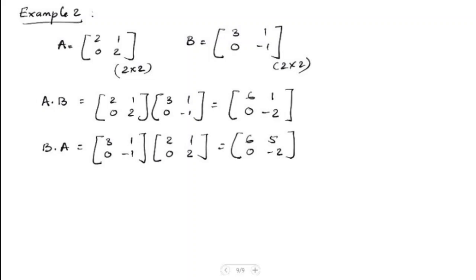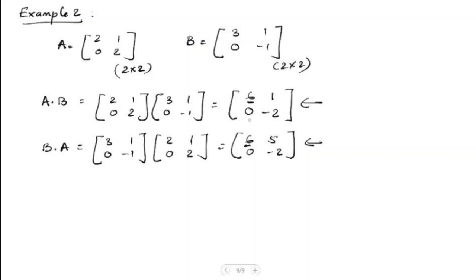Now if you compare A times B, that is this one here, and B times A, that's this matrix here, you will see that the first element is the same, 6 and 6. That is, the element at row 1 column 1 is the same as the element at row 1 column 1 here, the same position.